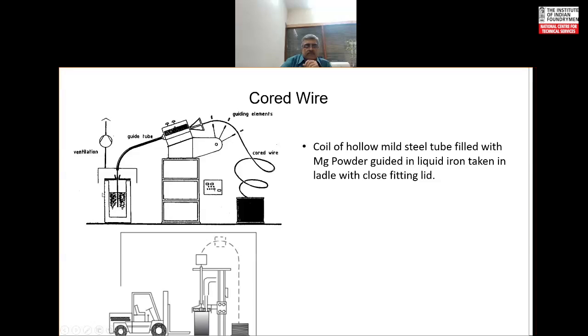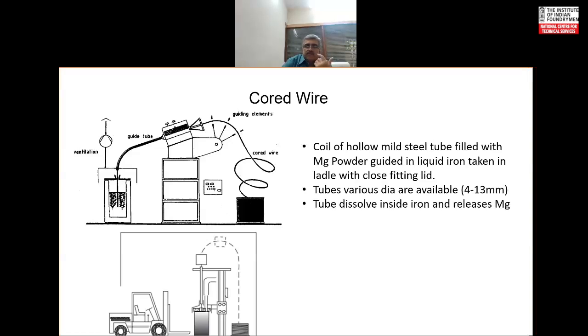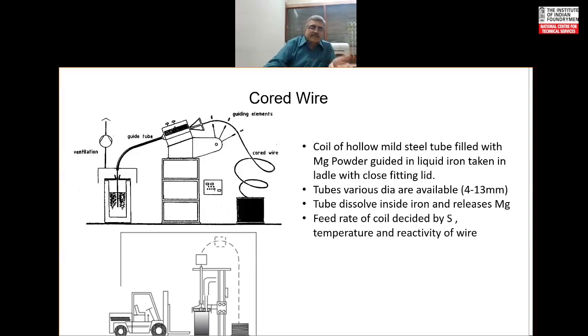So it leads through the close fitting lid into the molten metal. Various tube diameters are available, say ranging from 4 mm to 13 mm. The tube dissolves inside the iron and releases magnesium. Because the release is happening slowly, the reaction violence is less, and anyway it is sealed. There is a cover on the top.